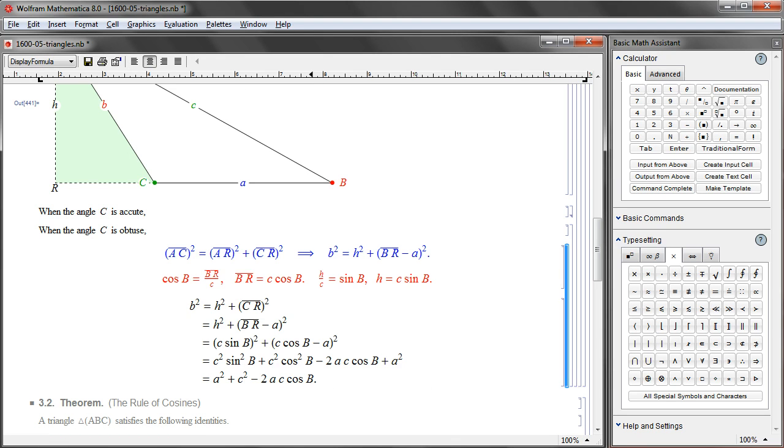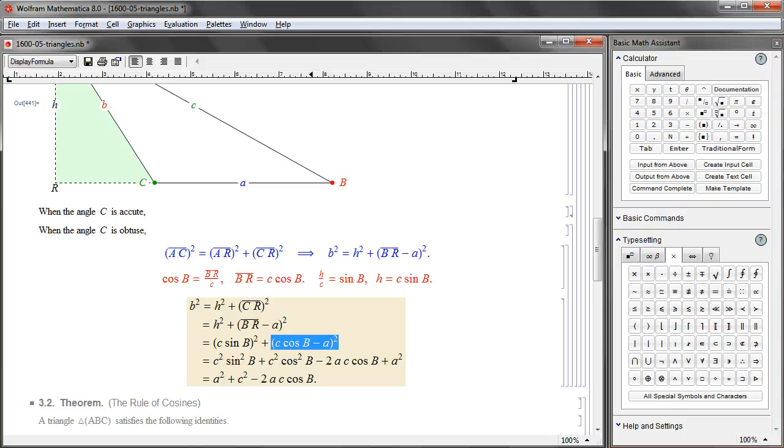So what do we have? h is c sine of B, so c sine of B total quantity squared. And then this CR squared, which is BR minus a squared, but BR is c cosine of B, so we have c cosine of B minus a total quantity squared.